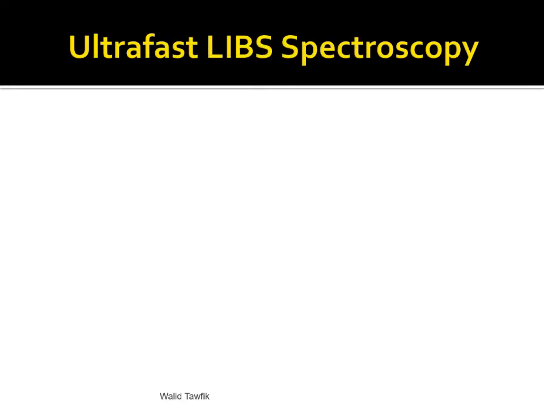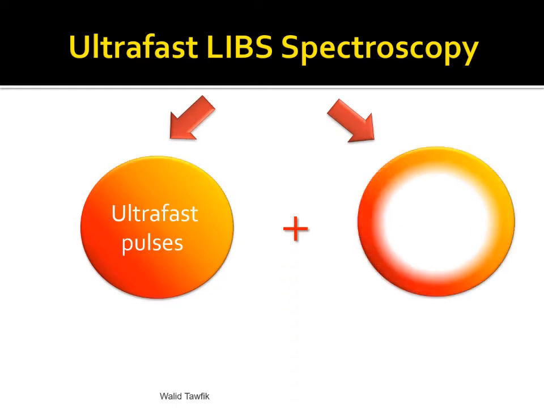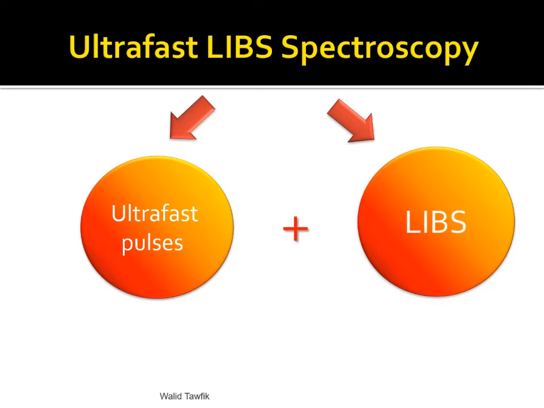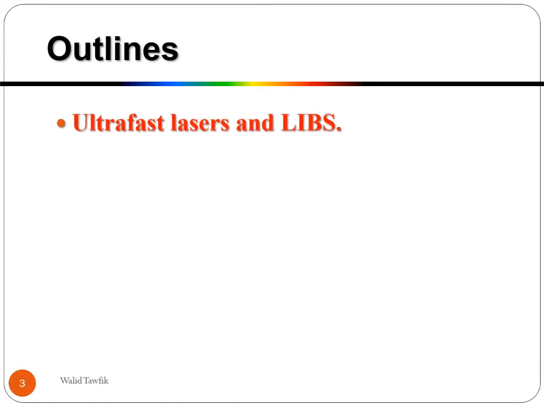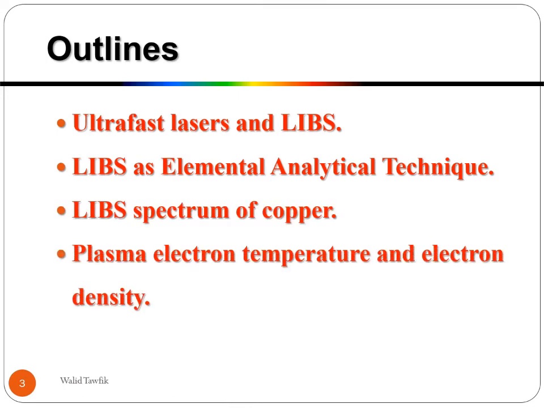Ultrafast laser-induced breakdown spectroscopy is a combination of using ultrafast pulses and laser-induced breakdown spectroscopy. The outline of our paper contains ultrafast lasers and LIBS, LIBS as an elemental analytical technique, the LIBS spectrum of copper, plasma electron temperature and electron density, then the conclusion.